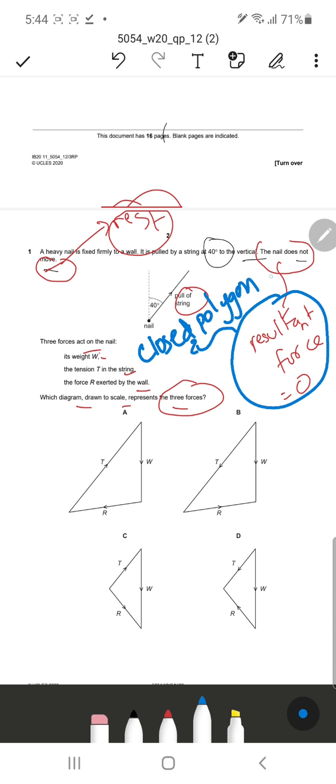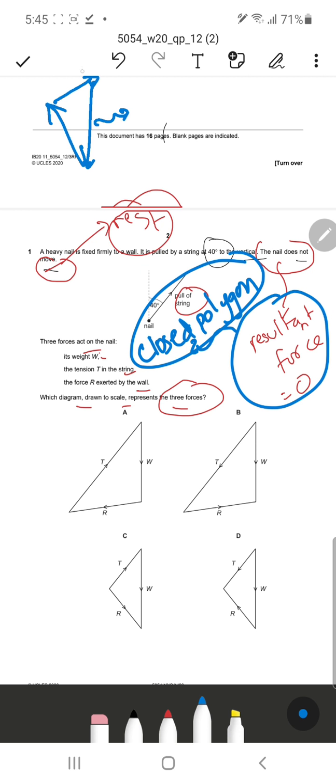By a closed polygon we mean that if we draw a triangle or any other polygon, the arrows are all going to be head to tail, like this. This head ends here, this tail starts, and again. All of this head to tail will join together to give a completely enclosed figure.